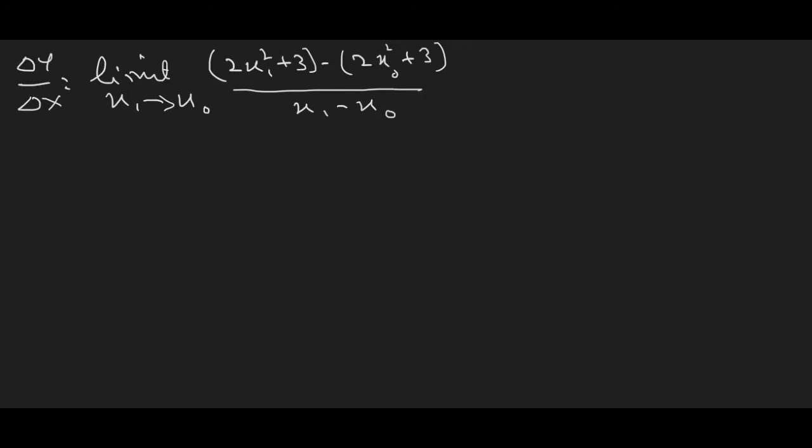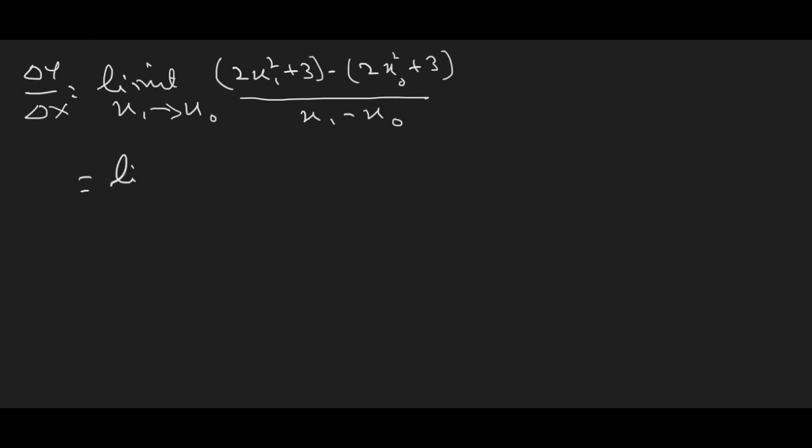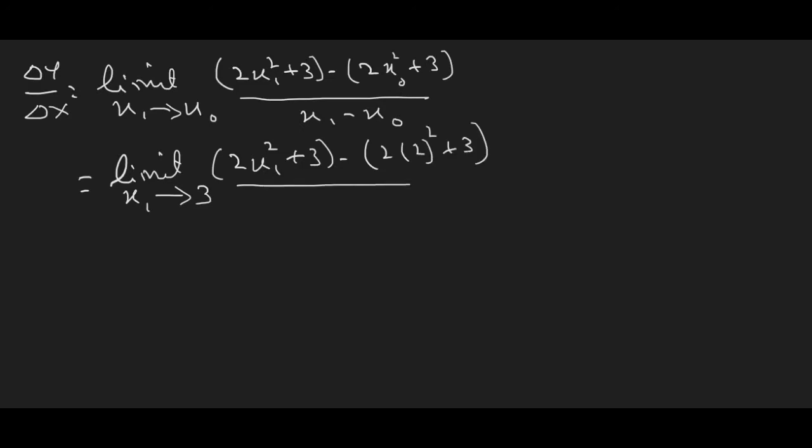Now we put the value 3 where there is x0. Now limit x1 approaches to 3, 2x1 square plus 3 minus 2 times 3 square plus 3 whole divided by x1 minus 3.